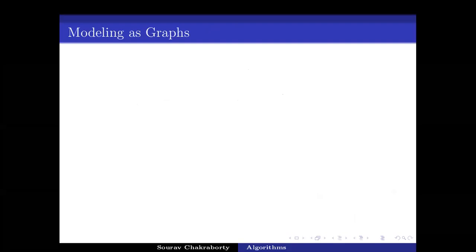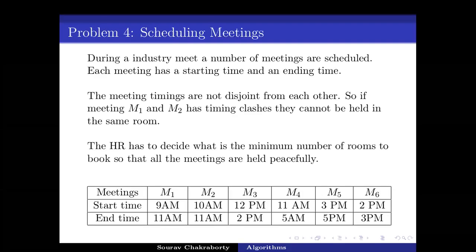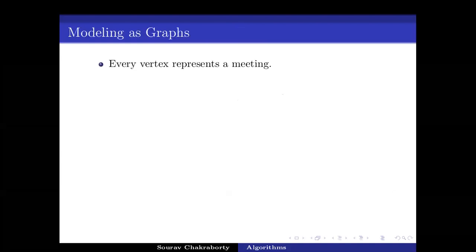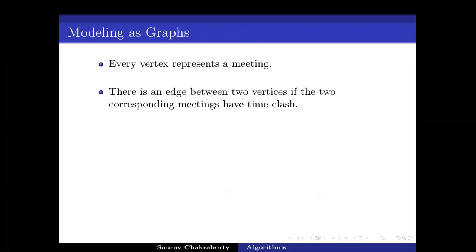As it turns out, this can also be modeled using a graph. Every vertex represents a meeting, and there is an edge between two vertices if the corresponding meetings have a time clash.